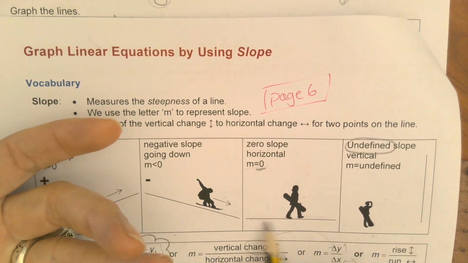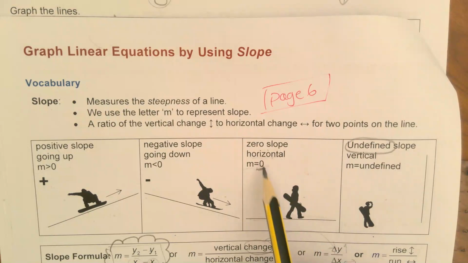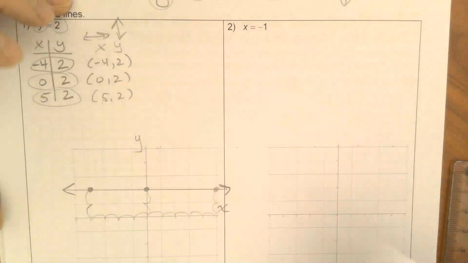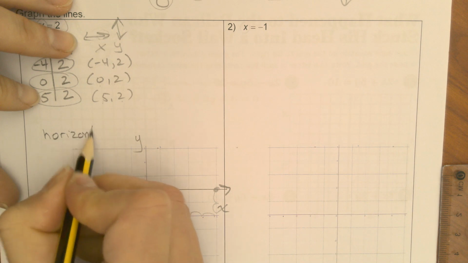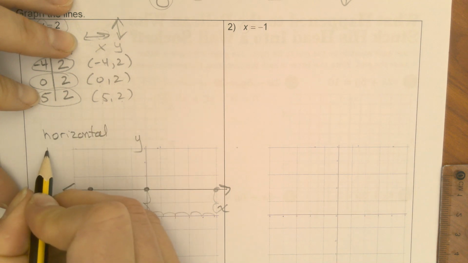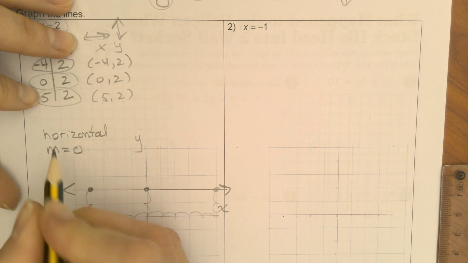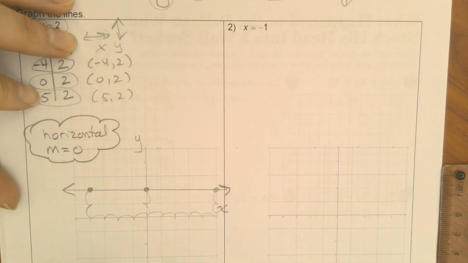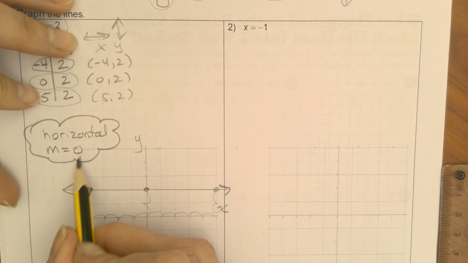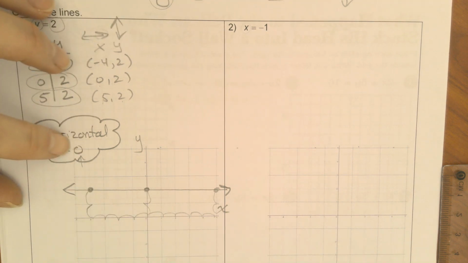So if you can walk on it, it's called horizontal, and the slope is 0. So this is a horizontal line, and the slope, which is m, is 0. You have to know those two things. Is there a hill? Is there steepness? No. So you know the slope is 0.